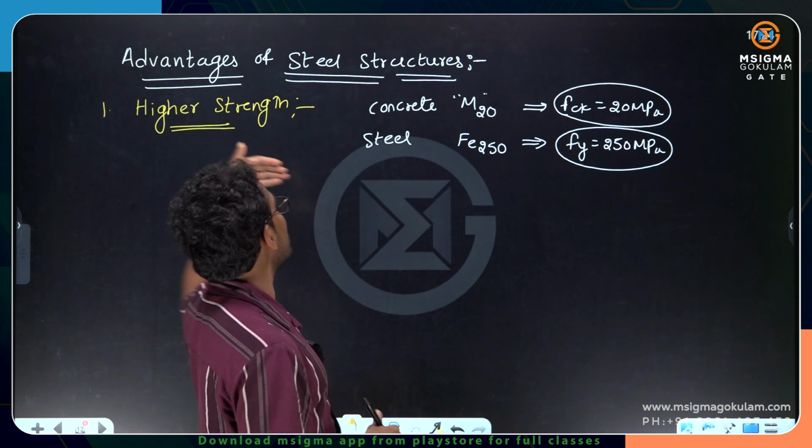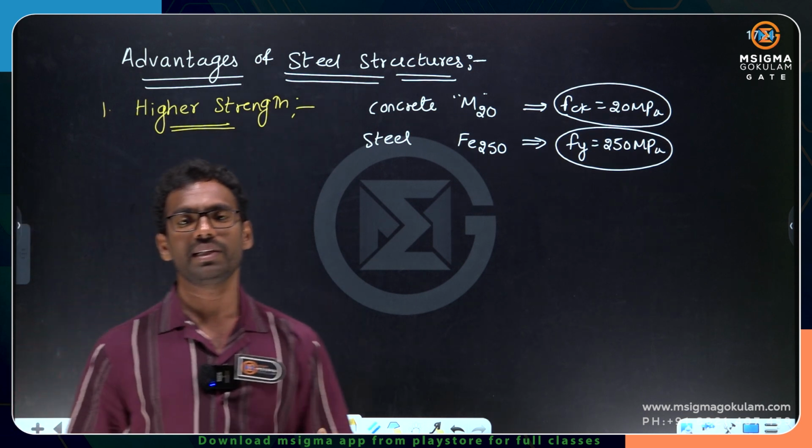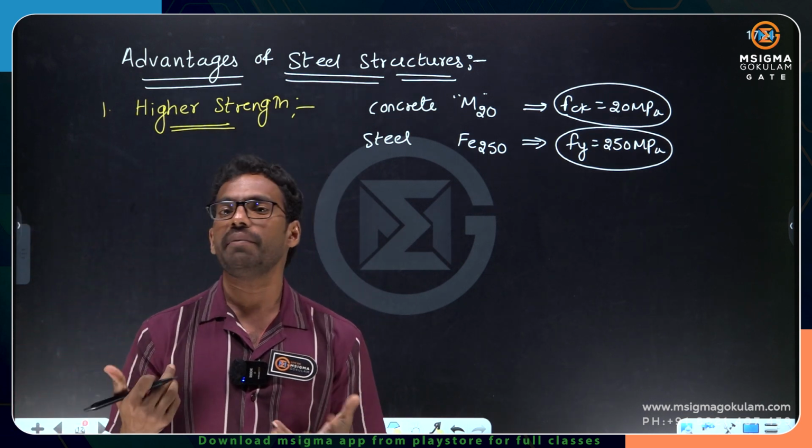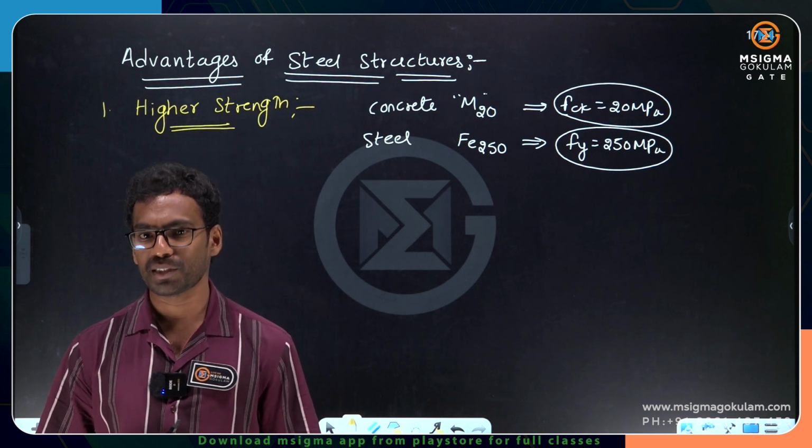So because steel is having higher strength, what is the advantage of having higher strength? When a material is having higher strength, it requires lower cross-sectional dimensions.